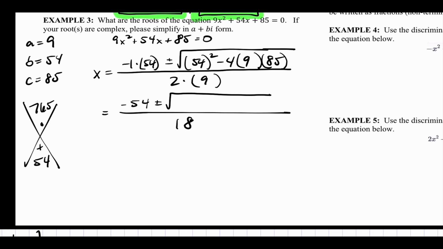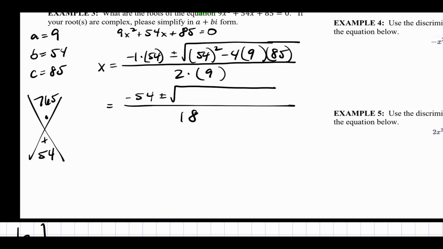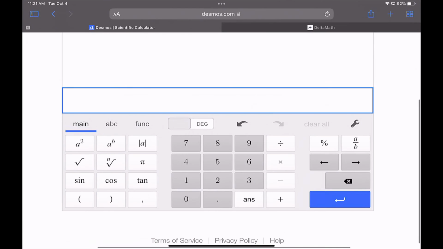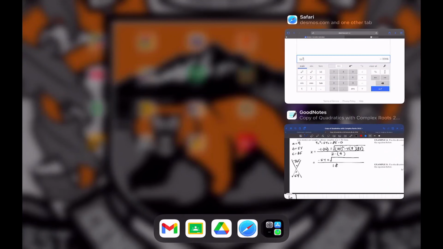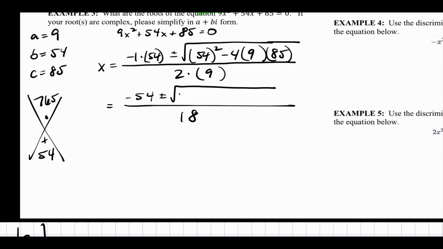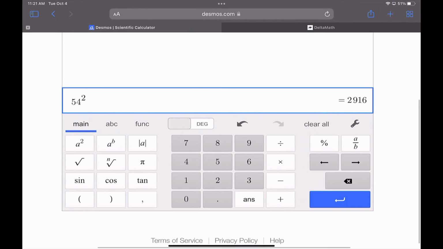Okay. Let's see, 54 times 54. Going to be a big number. 2916. -4 times 9 times 85. -3060.